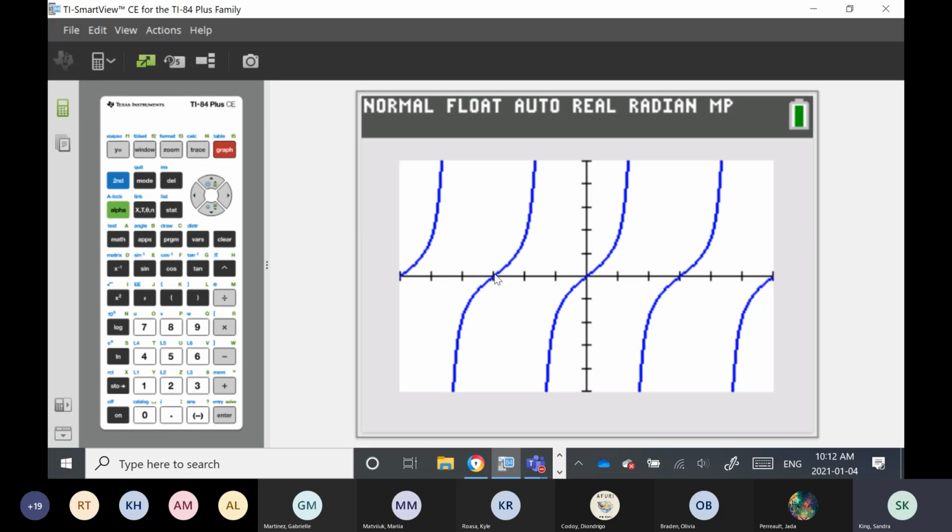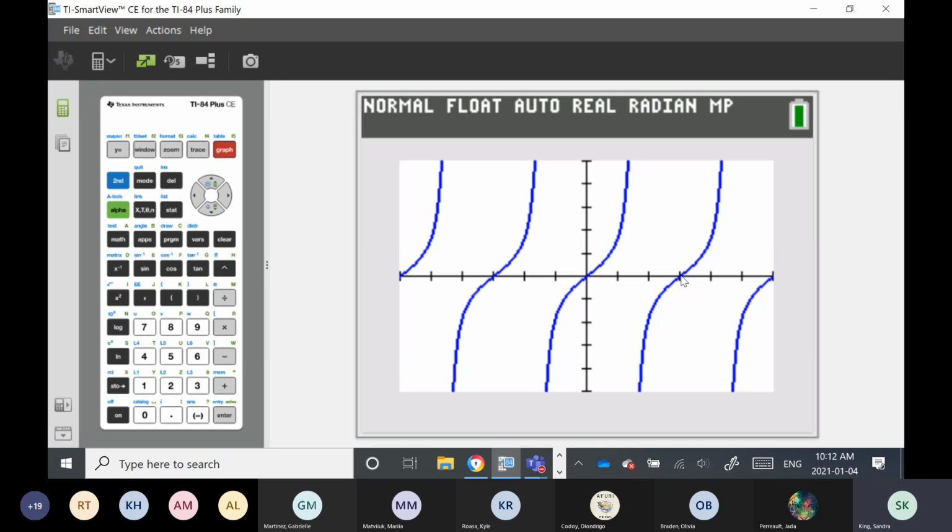Yeah, so it's this shape that just keeps happening over and over again. This is the shape of a tan graph. And all of these, like I said, vertical asymptotes are going to be here. And if I said, okay, well, how often does this graph repeat itself? This is 0.